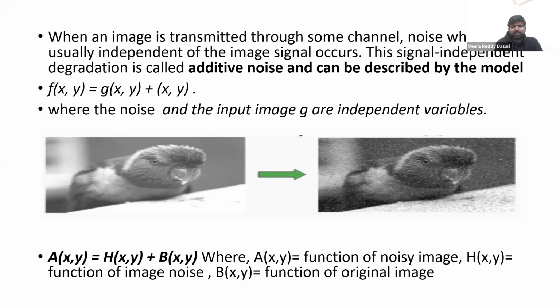Here a of x comma y is the noisy image, the final image you get after noise is added. We are considering h of x comma y as the image noise, and b of x comma y as the function of the original image.